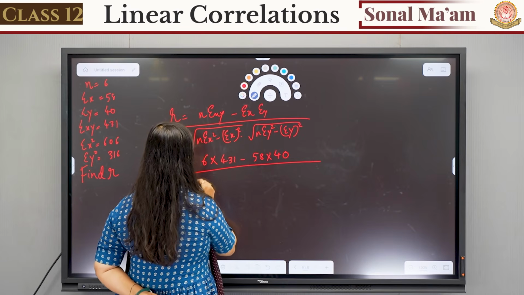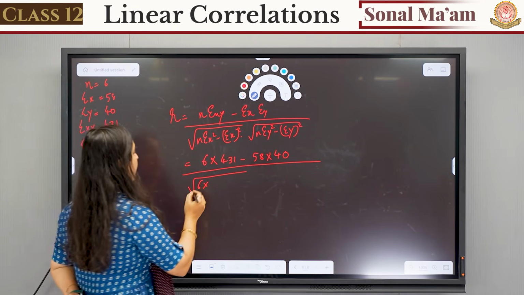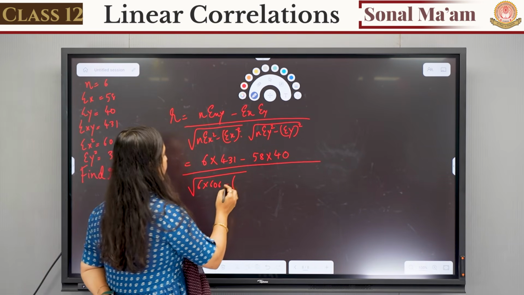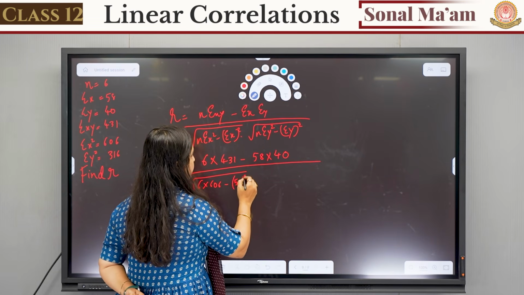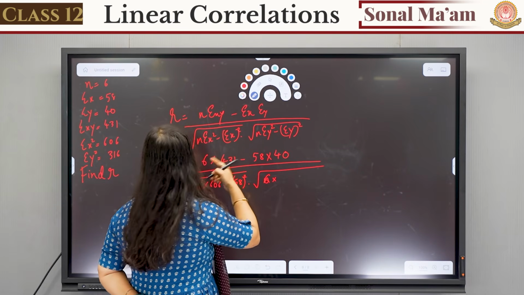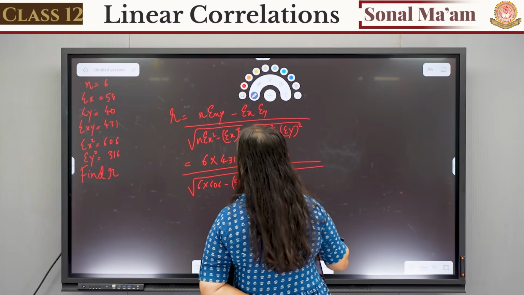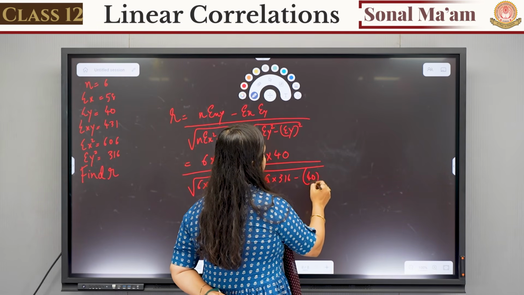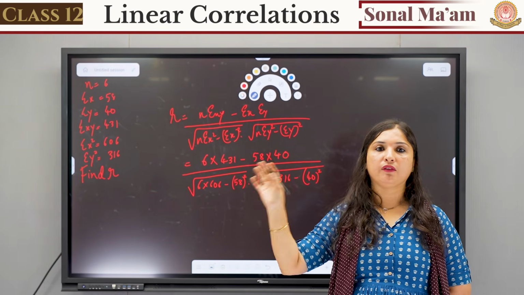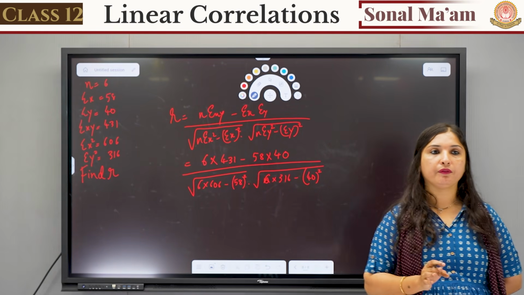Under root of 6 into summation x square, which is 606, minus summation x the whole square, that is 58 square, into 6 into summation y square, which is 316, minus summation y, that is 40 square. Okay, it is an easy calculation. All the values were given to you. You have to just put the values and do the calculation. Is it clear to everyone?